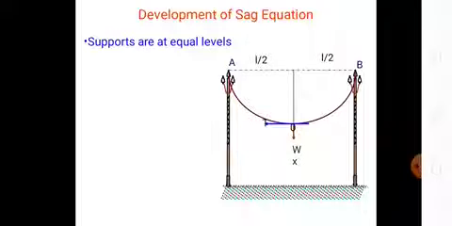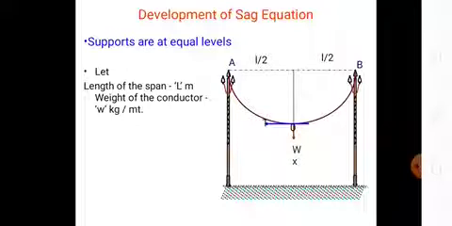At the sag, the weight always acts downwards, and the tangent is on the left side. The length of the span is L meters and the weight of the conductor is W kg per meter.